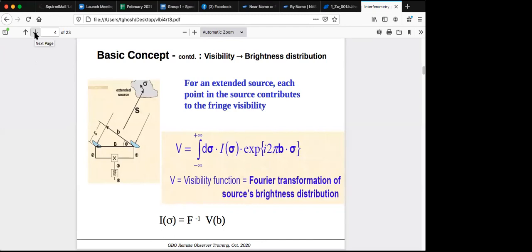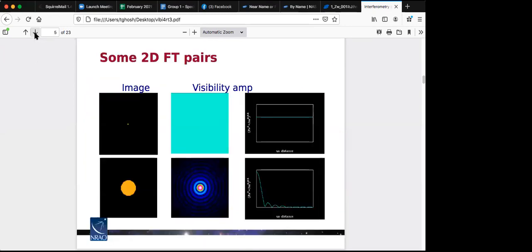So now let's look at some examples of how that happens. Here, I'm talking about a few Fourier transform pairs. If your image is just a point source, your visibility is going to be the same everywhere. Sometimes this is a two-dimensional plot as a function of U and V. Sometimes people like to look at it as a one-dimensional plot.